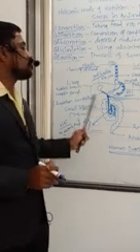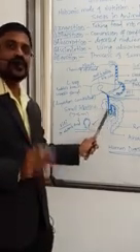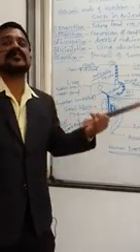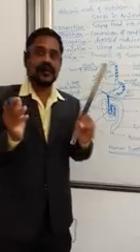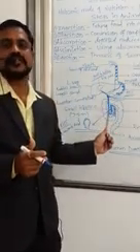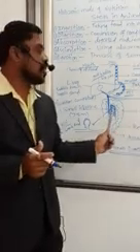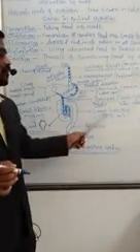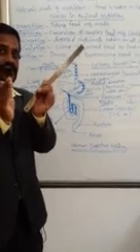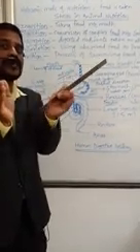Now, after the digestion process is completed in the small intestine, what about the extra water and undigested food? Extra water and undigested food in our body is sent to the large intestine. Now, the large intestine is 1.5 meters long. The size of this large intestine is wider than the small intestine.